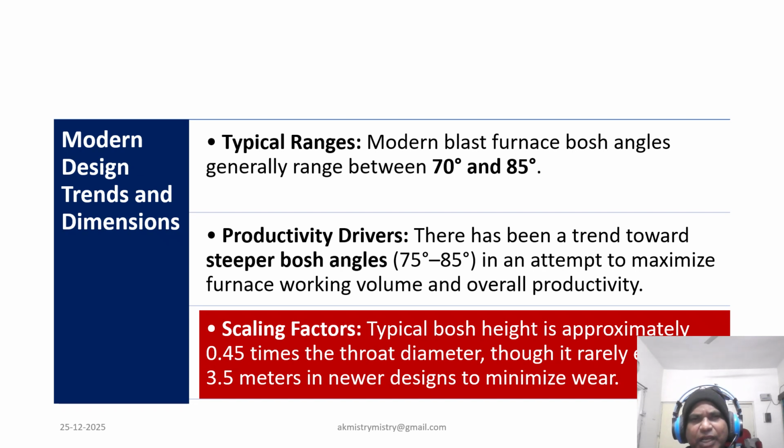Conversely, a shallower angle less than 75 degrees provides better support for the fusion zone and has shown superior wear resistance. Furthermore, an improper Bosh to hearth transition can cause peripheral molten metal flow, leading to the dreaded elephant foot wear at the base of the hearth wall.